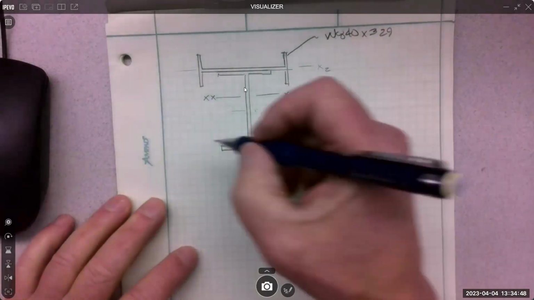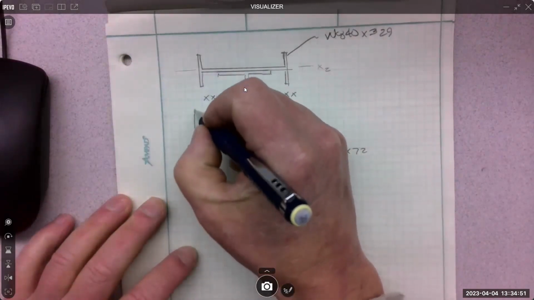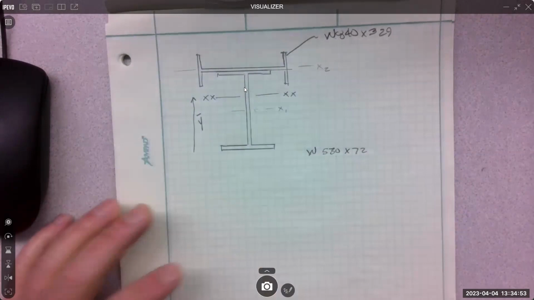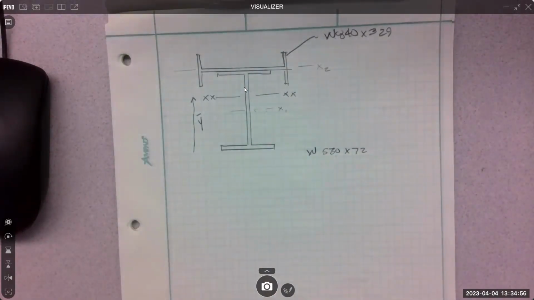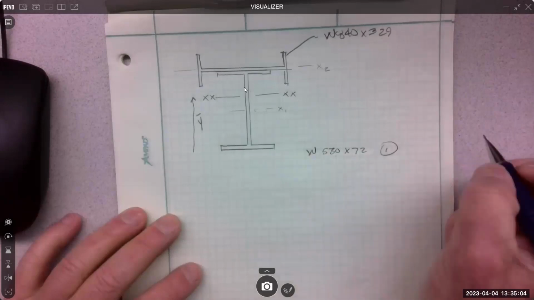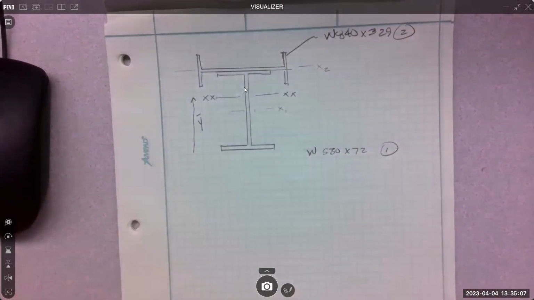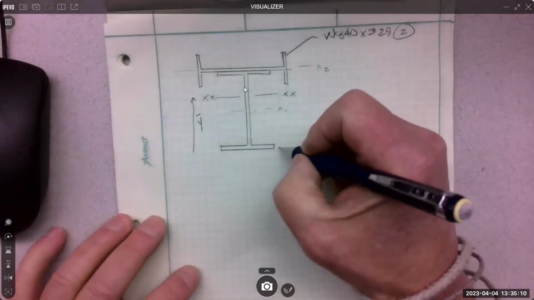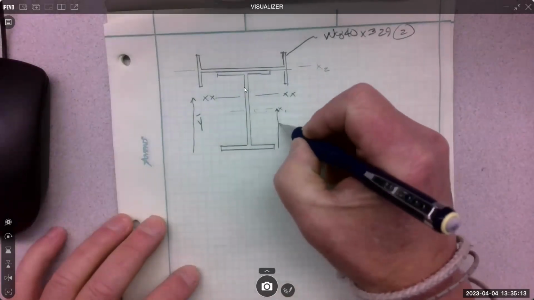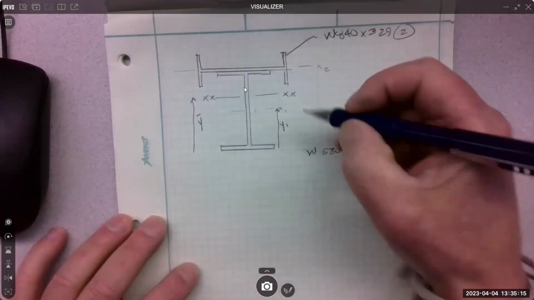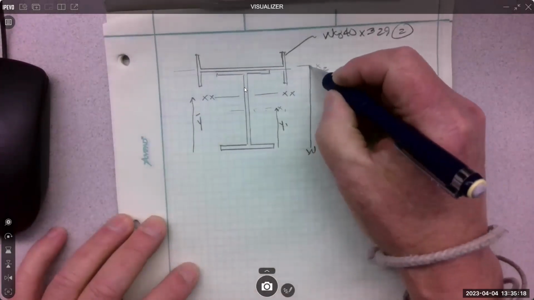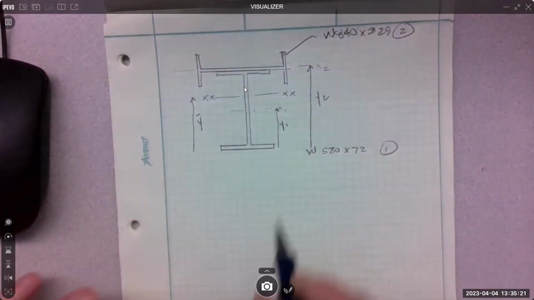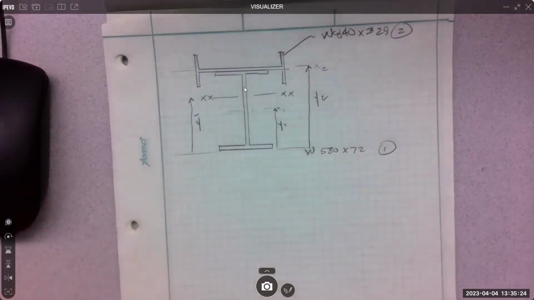Okay. So that means we want Y bar. So same thing, we have two shapes. You need to number them out or somehow keep track of them. I'm going to call this 1 and I'm going to call this 2. So then this becomes Y1 and this becomes Y2 because we pull everything from the same location, that bottom, right?